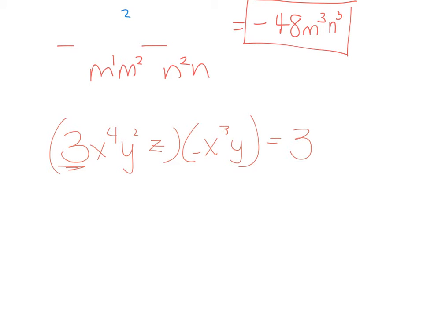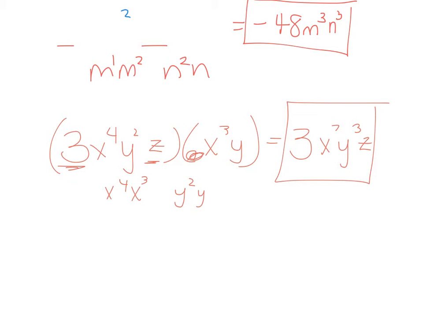And then I'm multiplying x to the 4th times x to the 3rd, that's x to the 7th. Then y squared times y is y to the 3rd. And z times nothing over there, it would be just z. So 3x to the 7th, y to the 3rd, z.